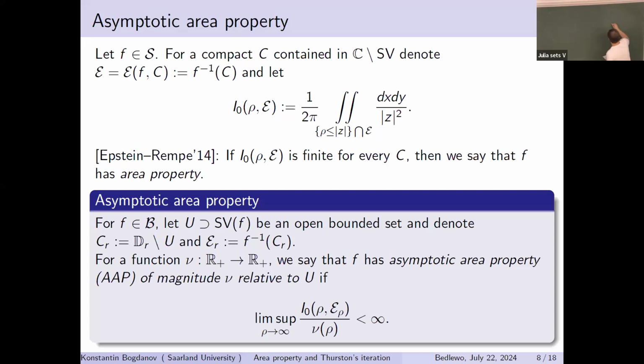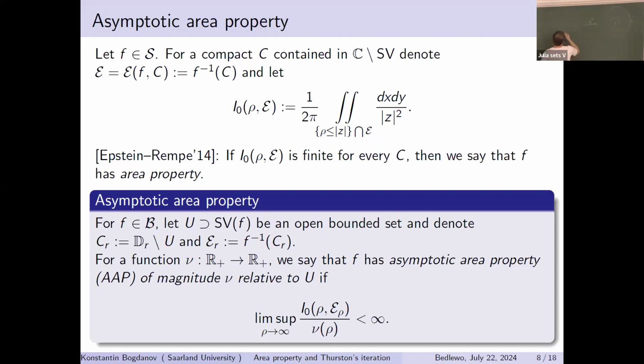So for the exponential, f is e to the z, and we have just one singular value, 0, and as some fixed neighborhood of it, we draw just a unit disk, and then we draw a big disk around the origin of radius rho.